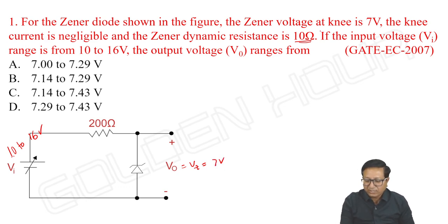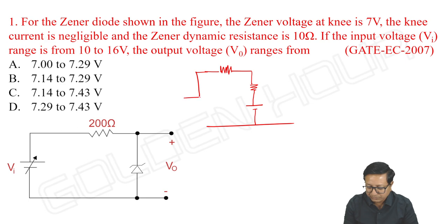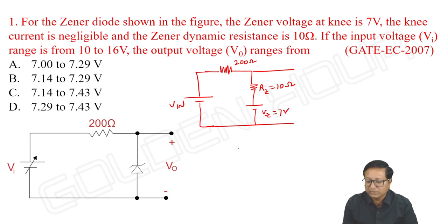But the thing is, Rz is given. As Rz is given, instead of a voltage source we have to write a resistance in series with a voltage source. So instead of the Zener diode, I am writing like this: V input, a series resistance whose value is 200 ohms, Rz whose value is 10 ohms, and Vz whose value is 7 volts, and Iz is the current flowing.